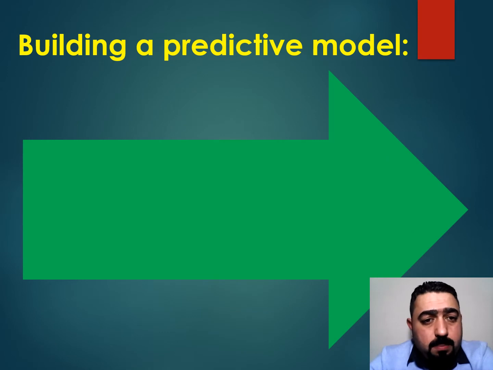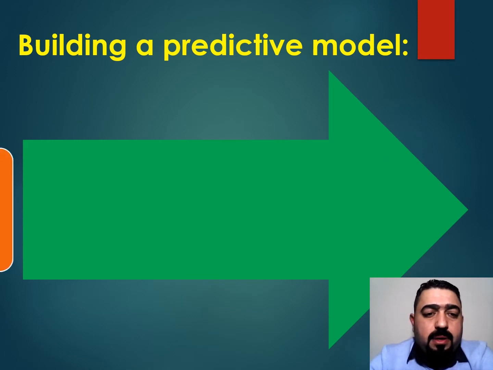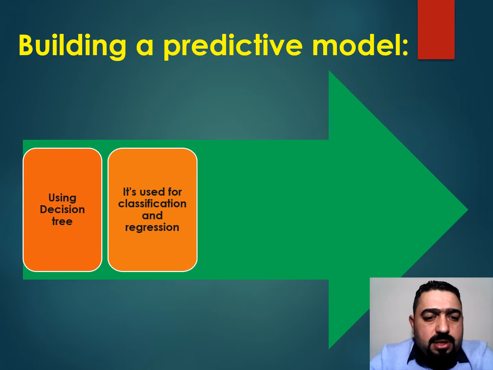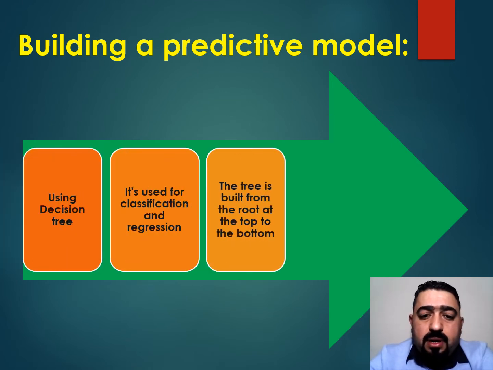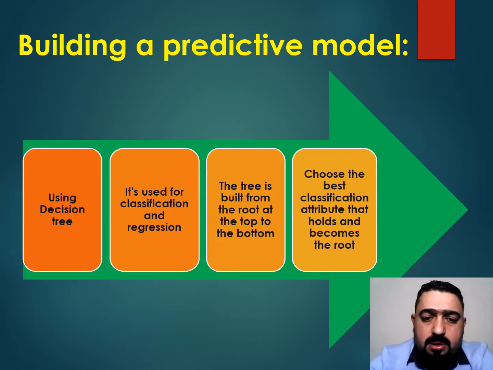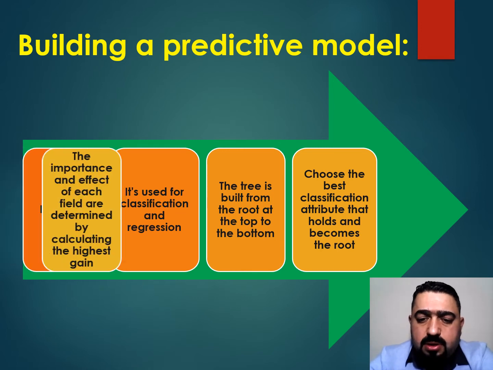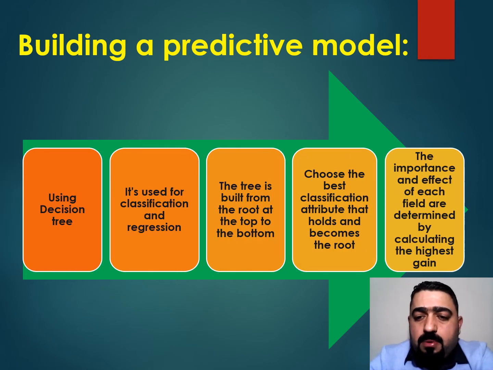Now we will build a predictive model by using a decision tree. It's used for classification and regression. The tree is built from the root at the top to the bottom. Choose the best classification attribute, which becomes the root. The importance and effect of each field are determined by calculating the highest gain.